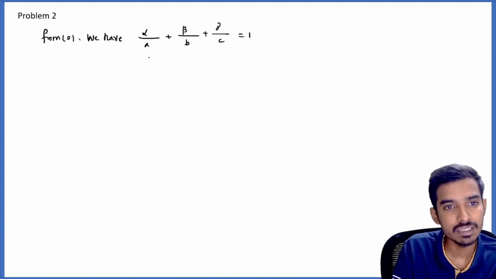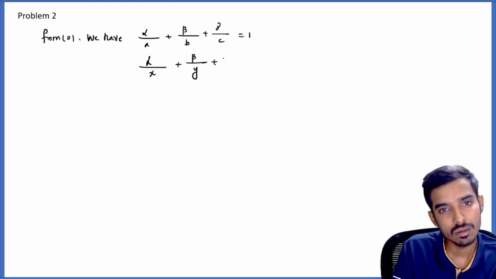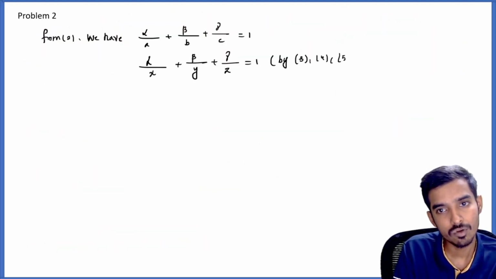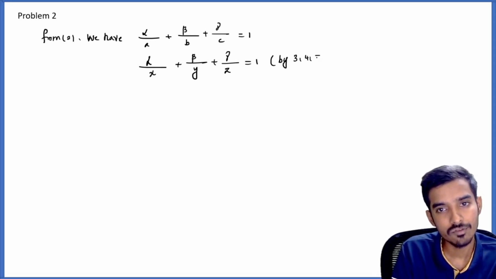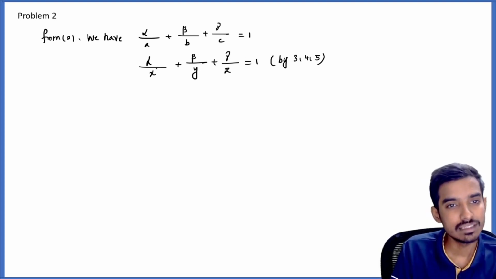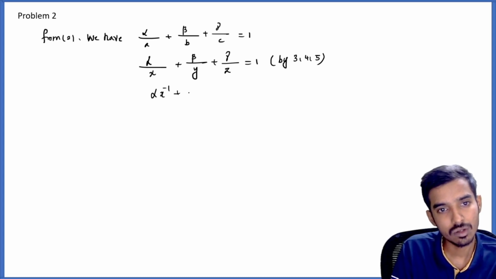We need to eliminate a, b, c, and we know a is x, b is y, and gamma by c is z, so it is equal to 1. This is by 2, 3, 4, 5. So you just bring this x to the numerator.